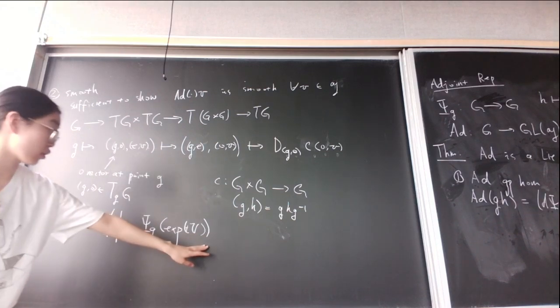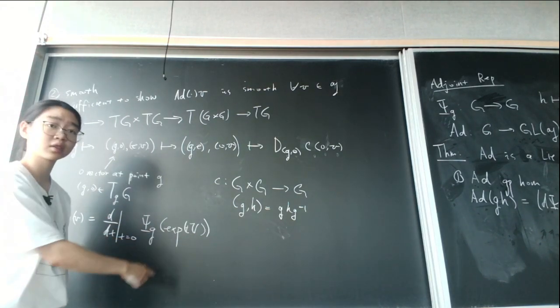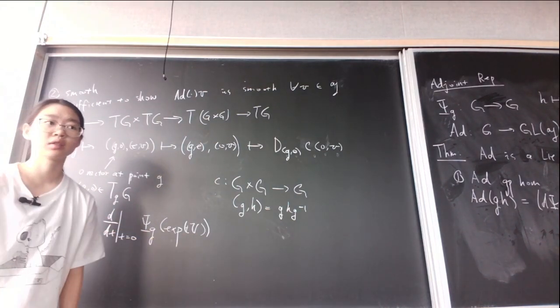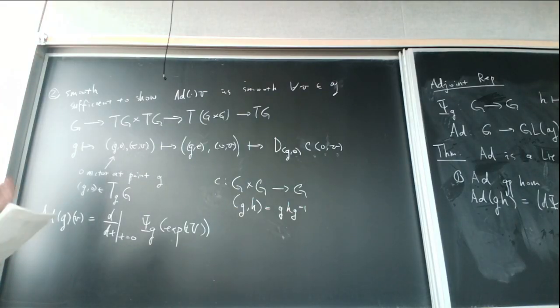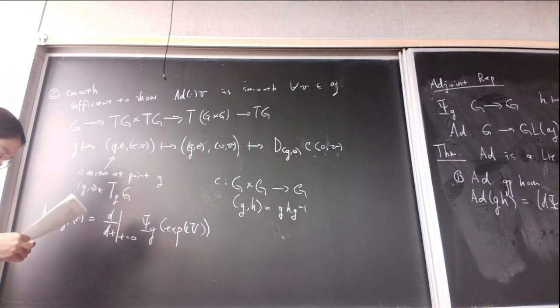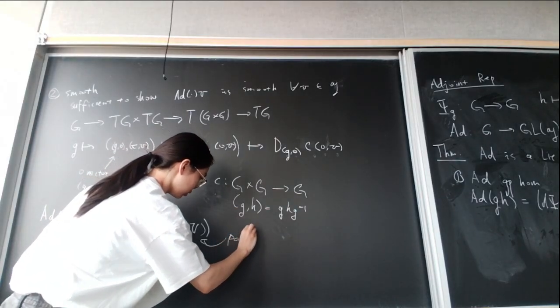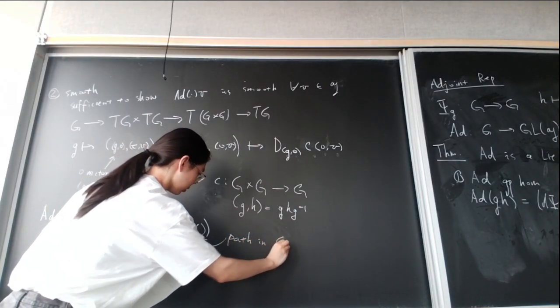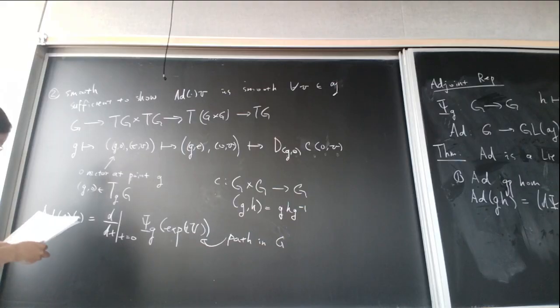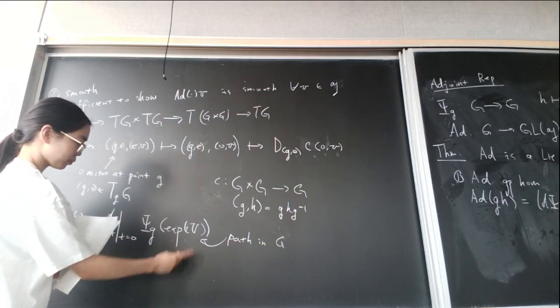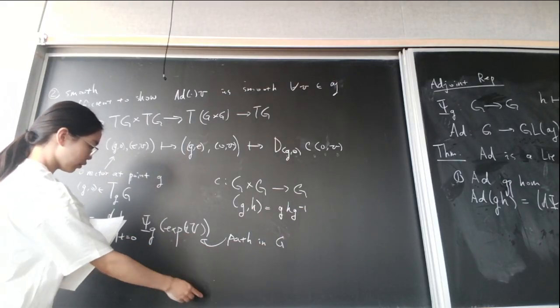And this is just a directional derivative. We're just taking a derivative along this path. This could be any path where its derivative at 0 is V.